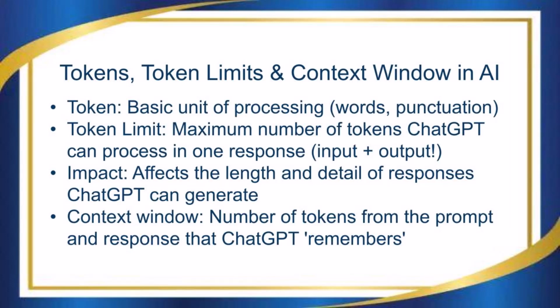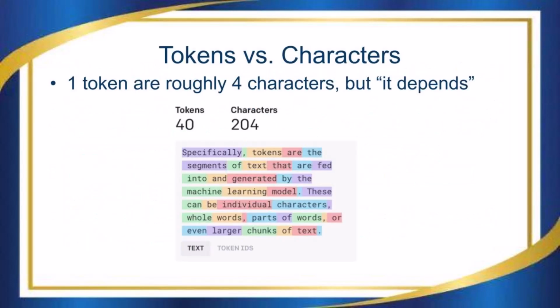So keep that in mind as you talk or interact with ChatGPT. On the idea of tokens: one token is roughly 4 to 5 characters. But this is a general rule of thumb, and you cannot always say that clearly because tokens depend on the amount of words, on the length of the words, and also on the punctuation.